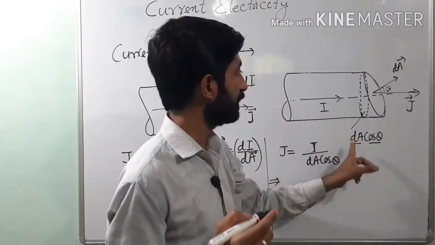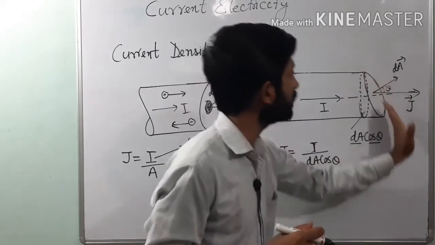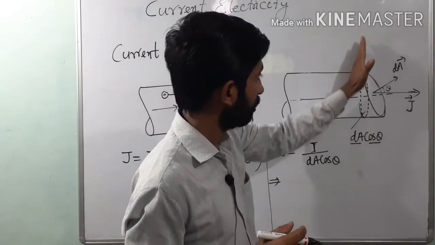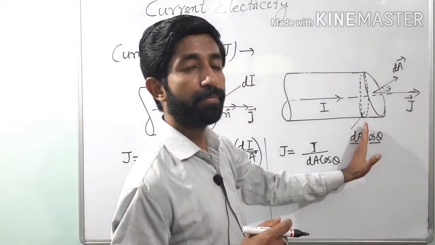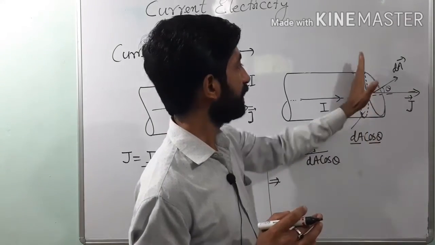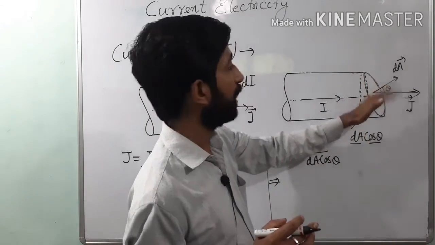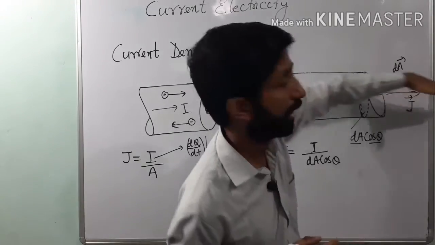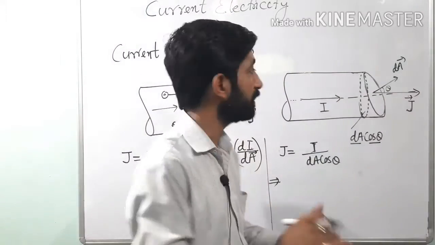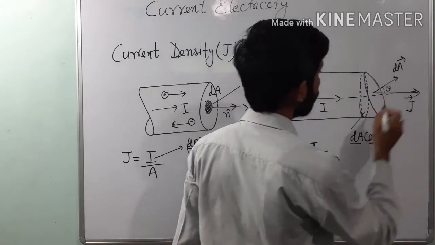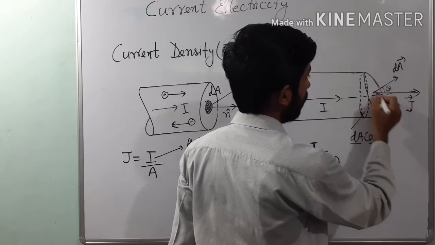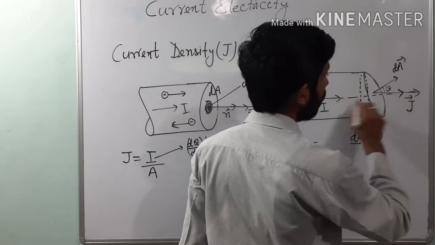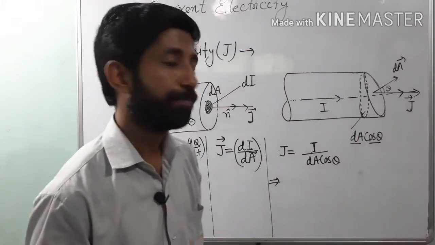To solve that, we take a component of this area in this direction, and this is the direction of the surface area, which is perpendicular to the direction of current, or in other words, the electric current and normal to this dotted cross section both will be along each other.